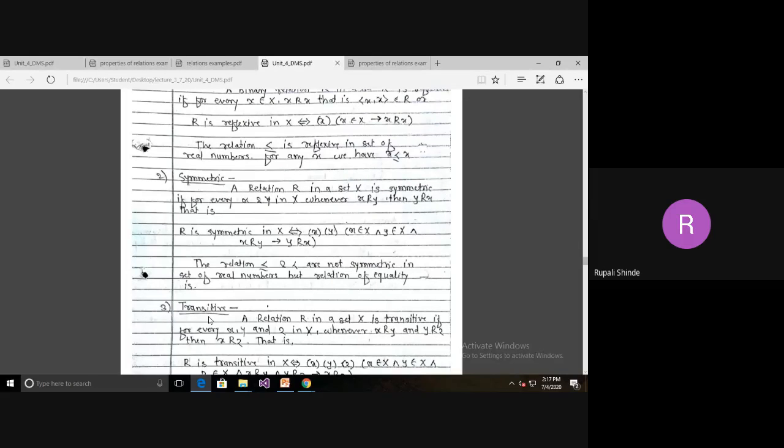Then only we can say this is a transitive relation. Now the next property was irreflexive relation. For this irreflexive property, there should not be any element (x, x) belonging to R. Then only we can say that relation is irreflexive.